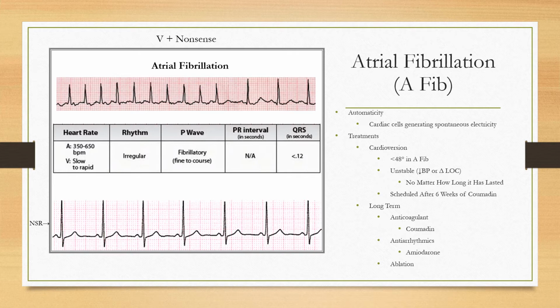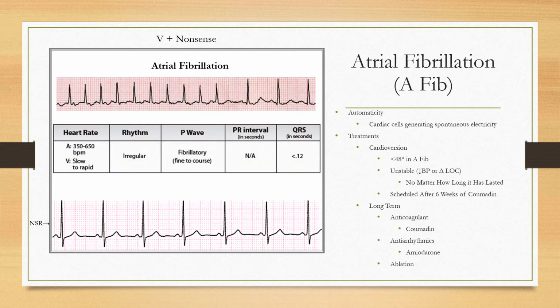Okay, so any instability equals electricity to get them out of the rhythm. And with atrial fibrillation, even if it's been a week of atrial fibrillation, we accept the risk of the blood clot traveling because they're unstable.